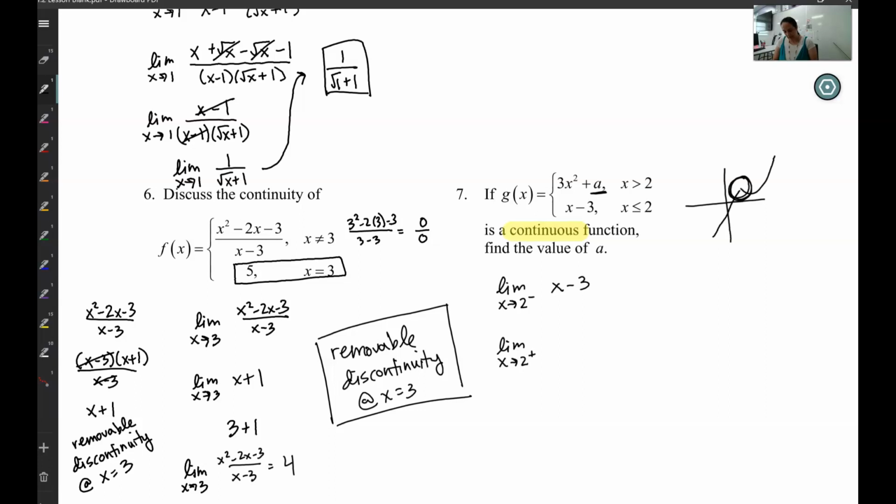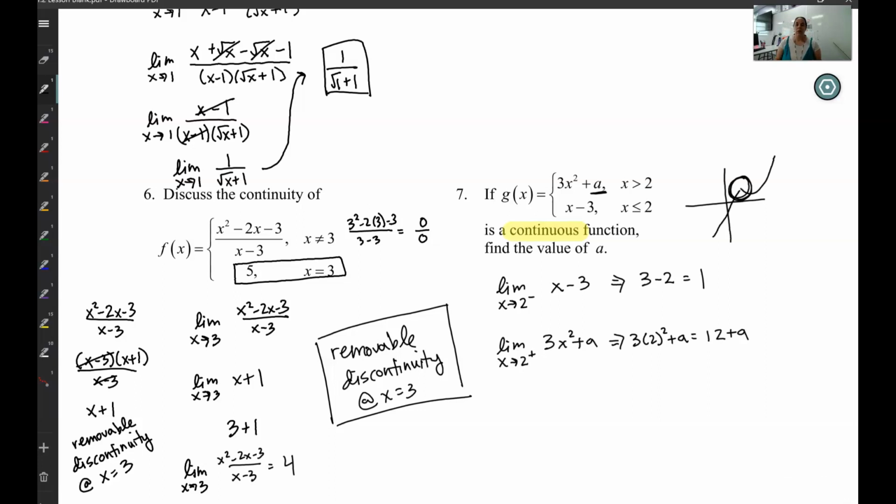This one, as x goes to 2 from the right, that's going to be my 3x squared plus a, because that's when it's greater than. From here, I can do direct substitution. So I get 3 minus 2 is 1. And 3 times 2 squared plus a would be 12 plus a.